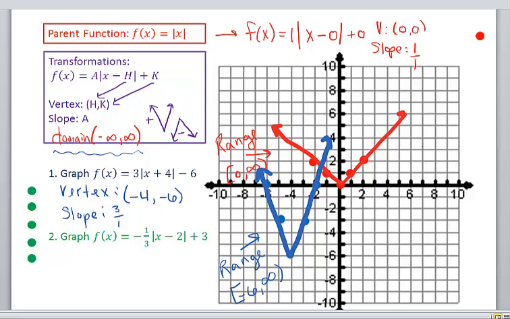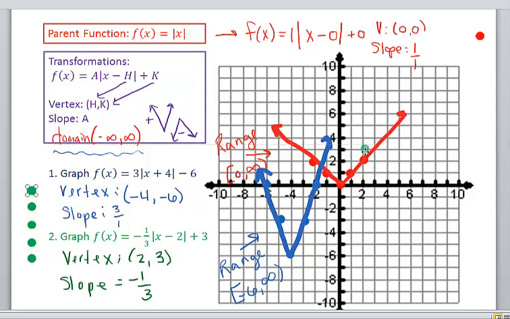So lastly, let's take a look at our green function here, our third example or our second example of transforming from our parent function. Our vertex is located at 2, 3, and then our slope this time is -1/3. So this time I'm going to start at 2, 3.